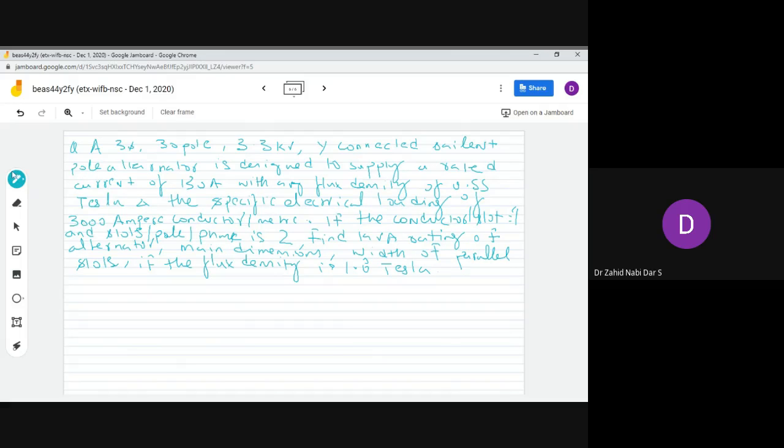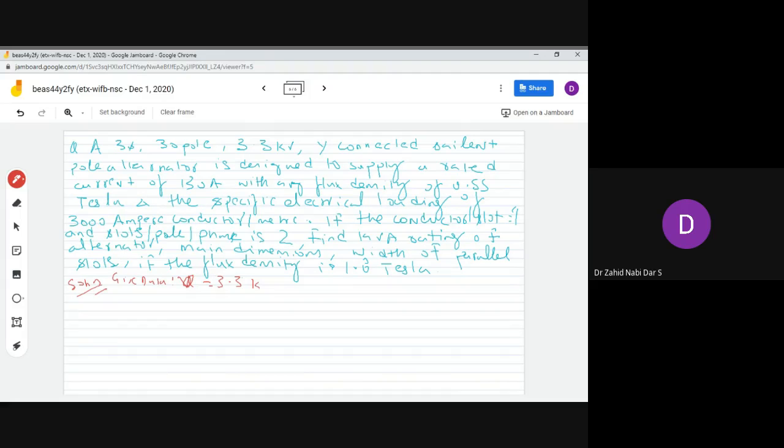So how do you go about this problem? Basically, the solution is, first you have to go for the given data. The voltage value mentioned is 3.3 kV.